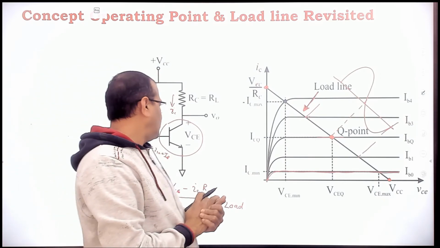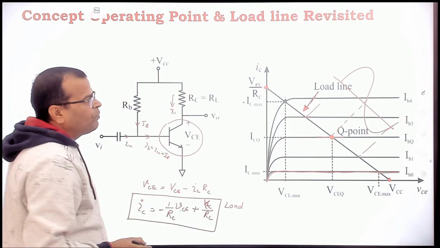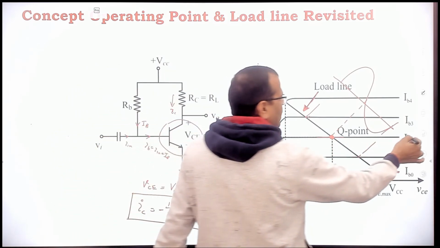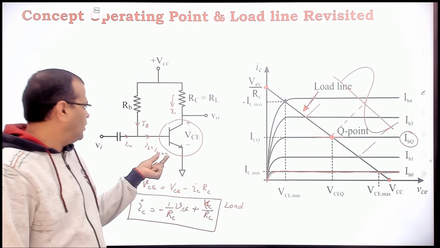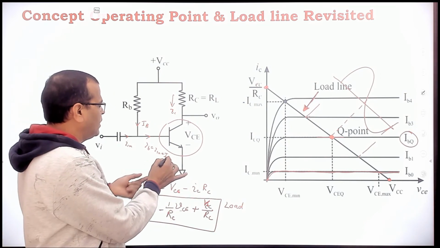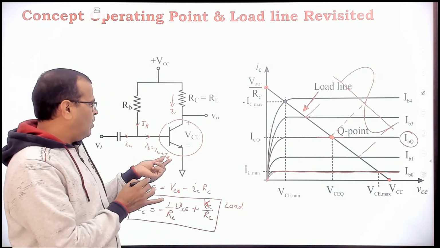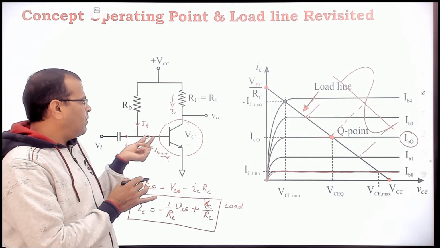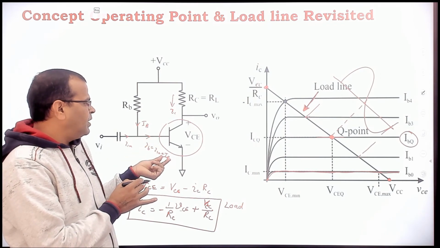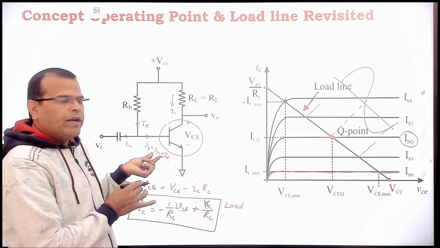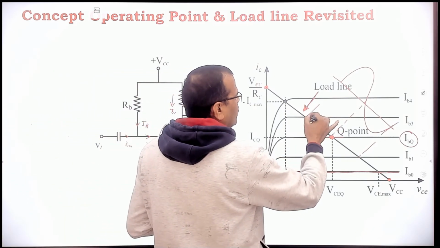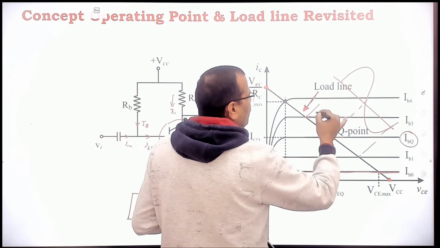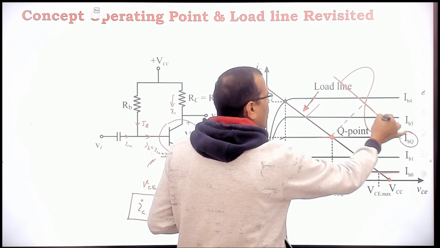So my total current coming to the base will have some DC value plus some time varying value, that is sinusoidal value. So it is varying around this DC value.